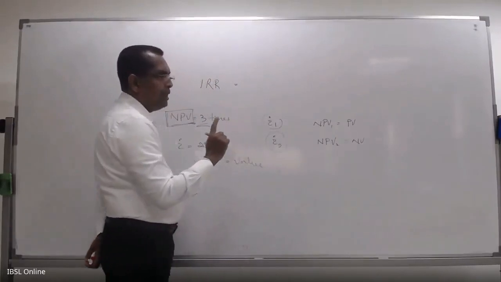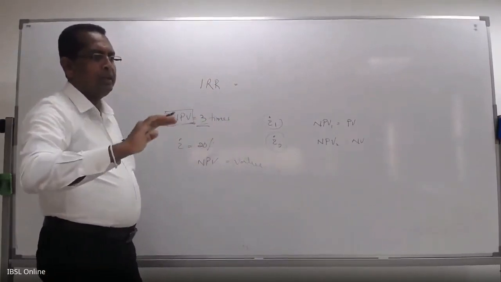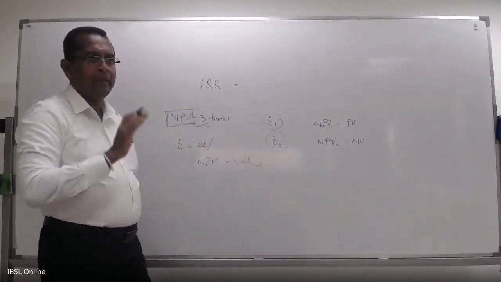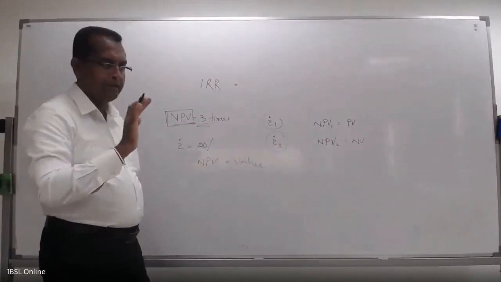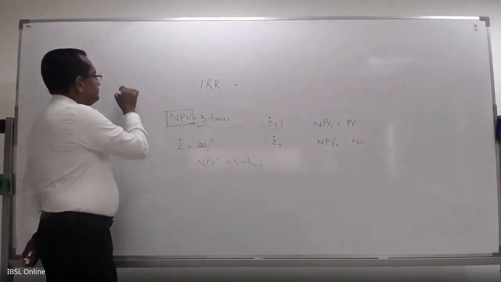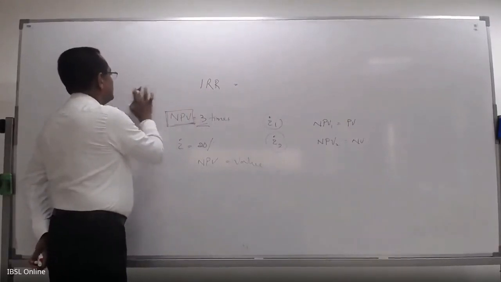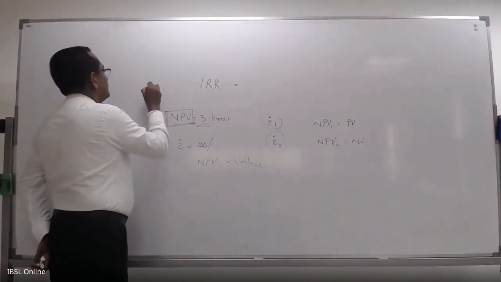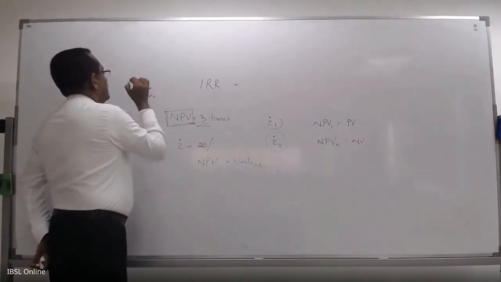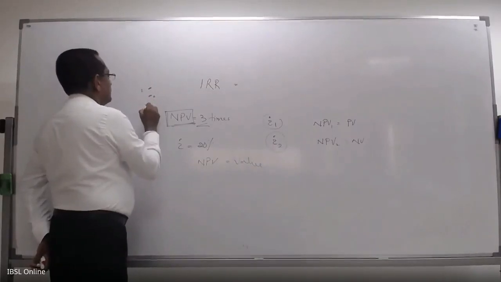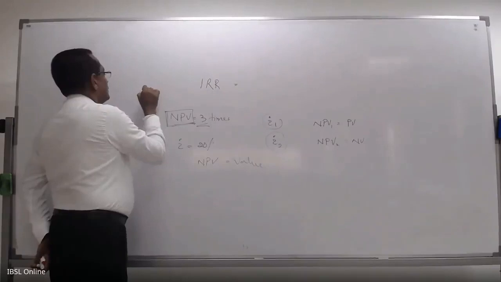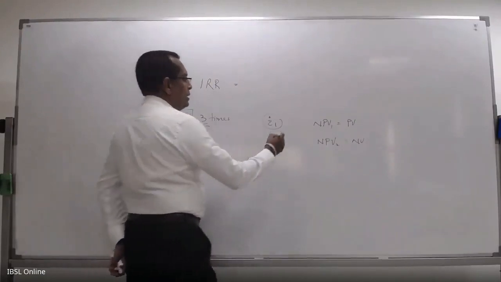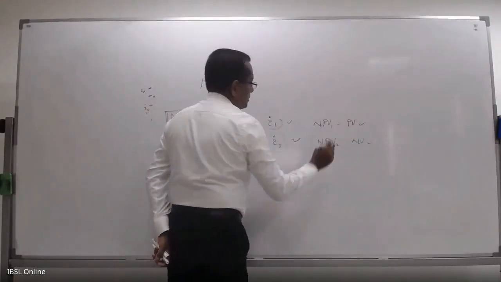In one discounting rate, the NPV of the project is positive but near 0. With the other discounting rate, when applied, NPV is negative but near 0. Right? I1 positive, I2 negative. So we need to find out these two rates and these two values.